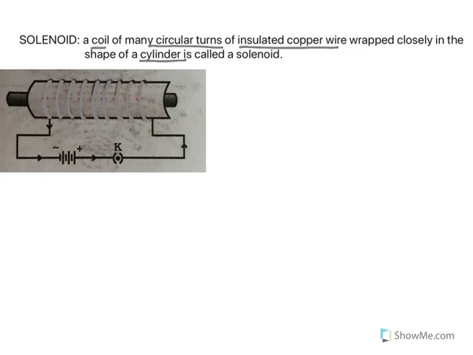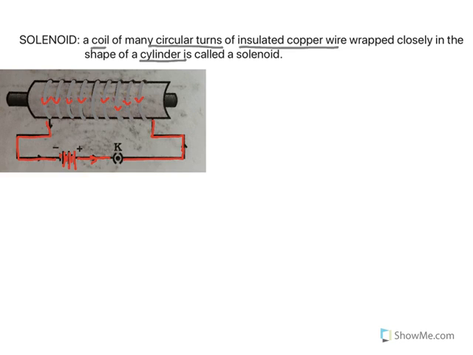This is then attached to a battery, and current begins to flow through this circuit. As current flows, the solenoid acts as a magnet. Here, this is the current passing through the solenoid.